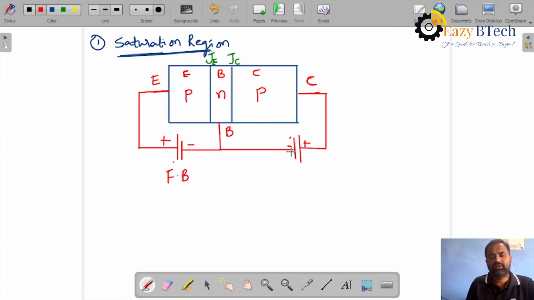And here also, negative to negative and positive to positive, it is also forward bias.